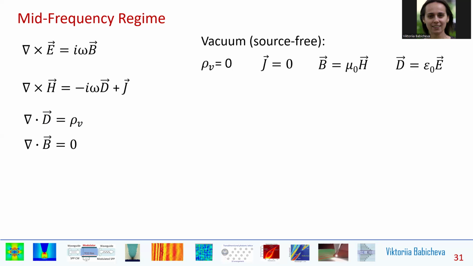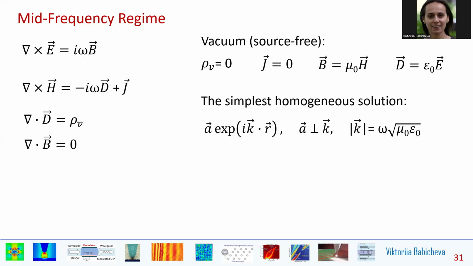Here, if we consider vacuum, which is a source-free region, we have rho equal to 0 and J equal to 0, and also B equals mu naught H and D equals epsilon naught E. In this case, the simplest homogeneous solution to the above equation has the form of an exponential e^{ik·r}, where a is orthogonal to k, and the absolute value of k is defined as omega over the square root of mu naught times epsilon naught.